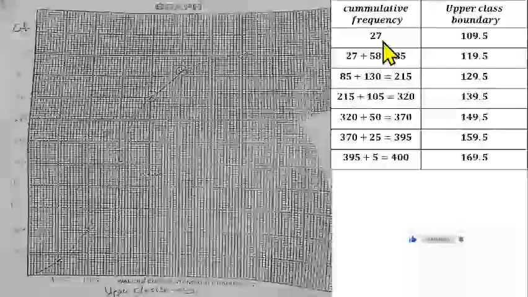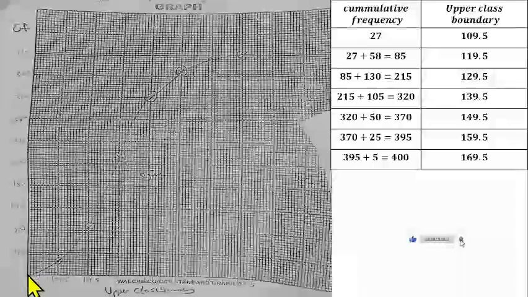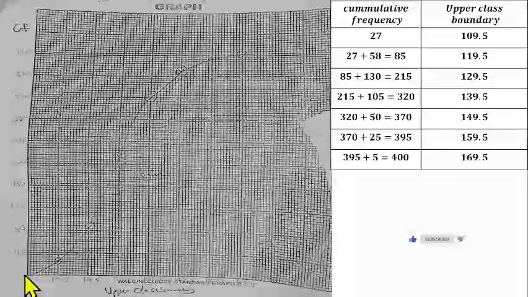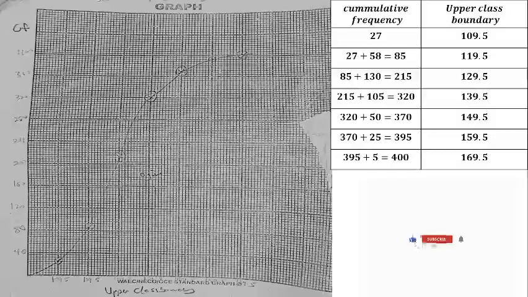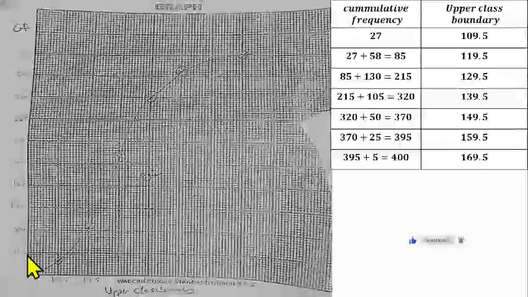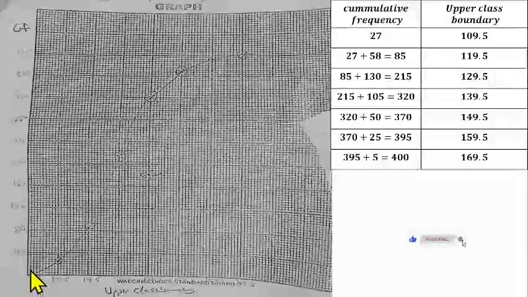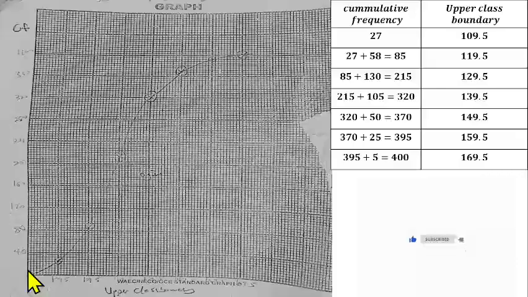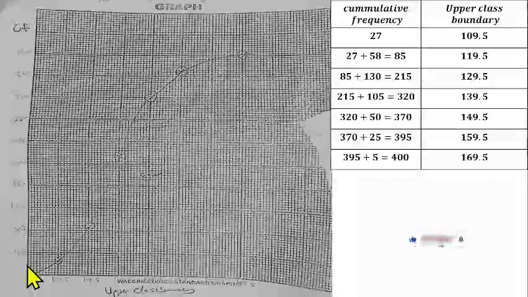For the first one, the cumulative frequency is 27. How do we get that? Each line is 4 units, so 4 times 5 is 20, and 4 times 6 is 24.